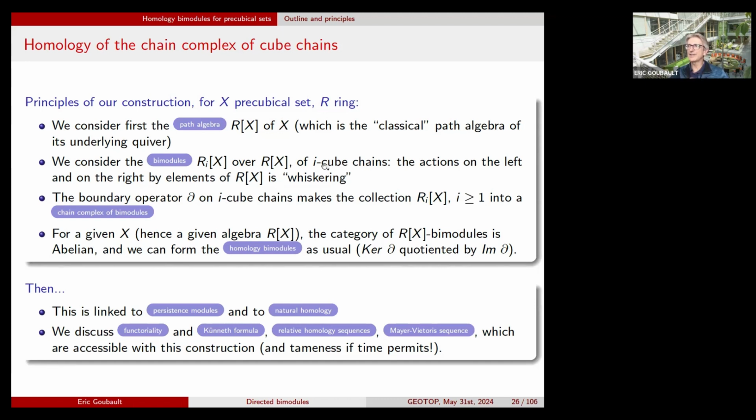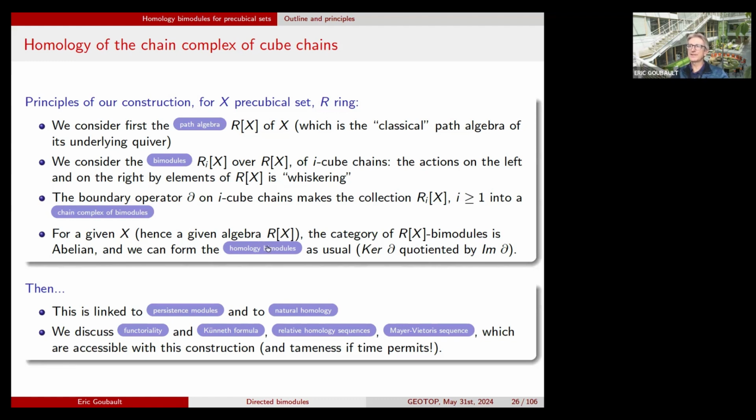I'll show that these are bimodules. The action of the path algebra will be whiskering on these I cube chains, pre and post compositions. I'll show that the boundary operator that I had defined just on the chain complex on ordinary modules on rings is actually defining a chain complex of bimodules on the path algebra.